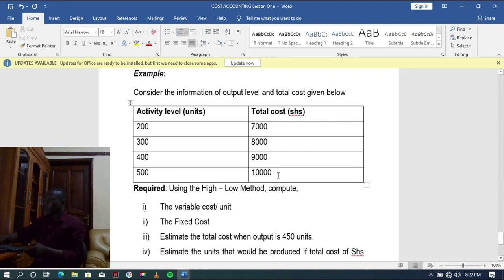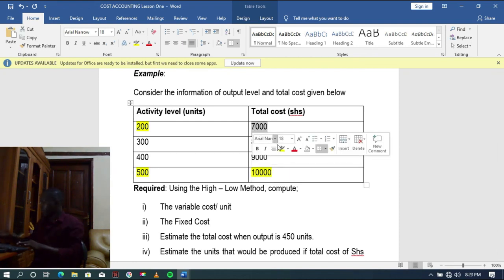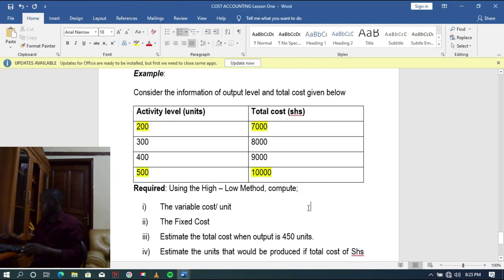As we've said, the unit variable cost will be given as the change in cost, that is the highest cost of 10,000 minus the lowest cost of 7,000, over the change in activity levels, that is the highest activity level of 500 units minus the lowest activity level of 200 units.